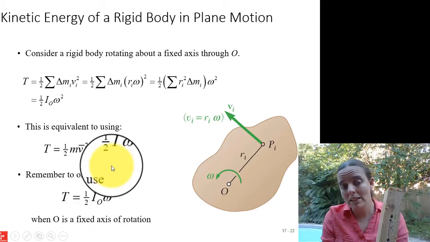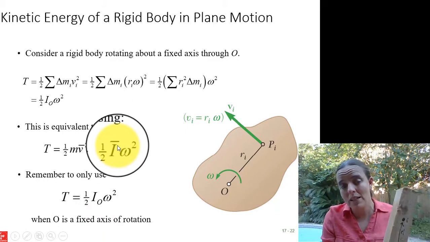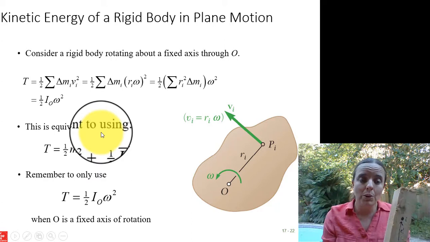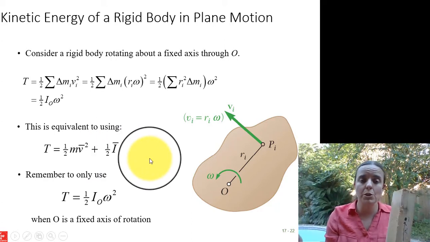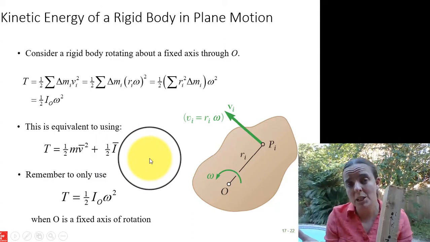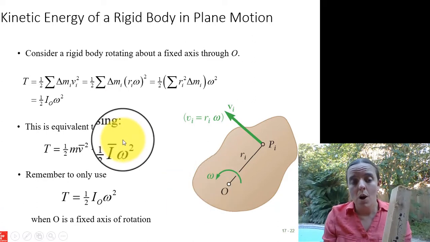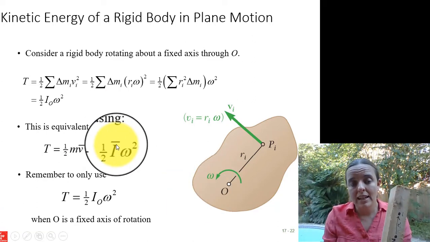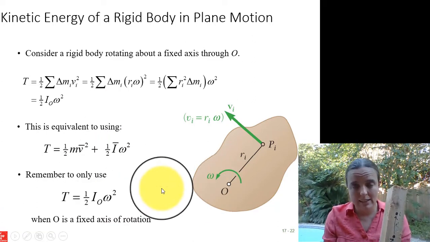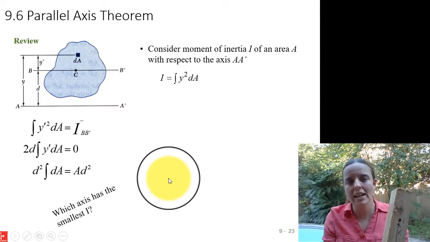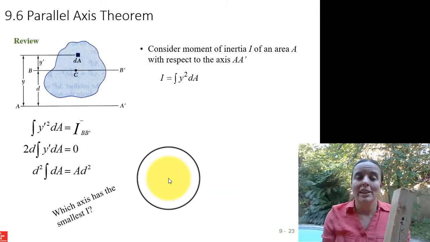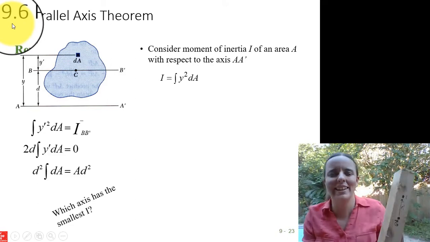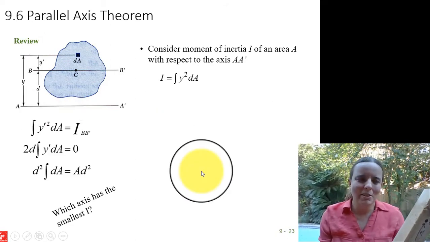But if you don't have inertia around the axis, if you only have the inertia around the center of gravity, then you have to have both of these terms in here. Okay, so let's just review the parallel axis theorem so you can see why these two add together to this. So here's the parallel axis theorem, and this is back from chapter 9 in your statics book, if you took it through McGraw-Hill.